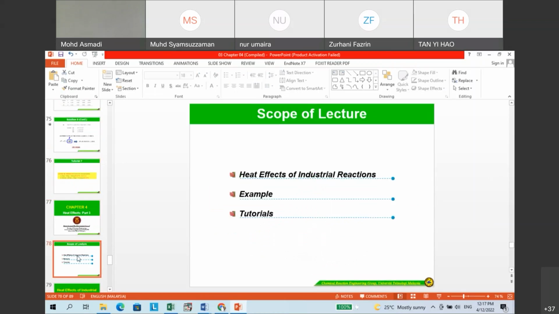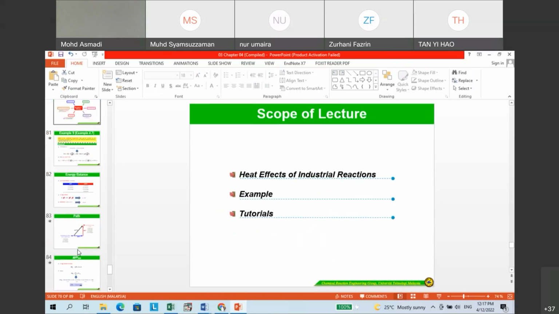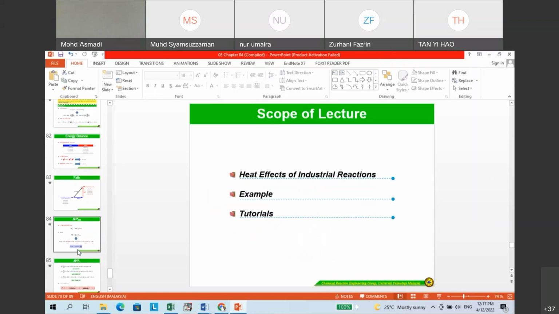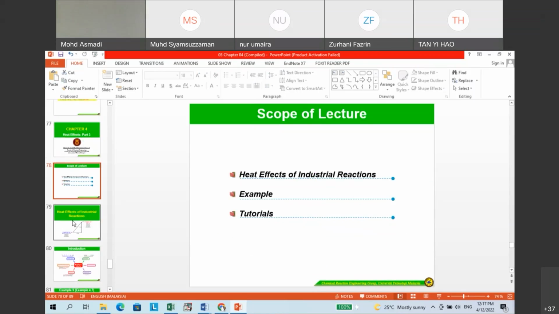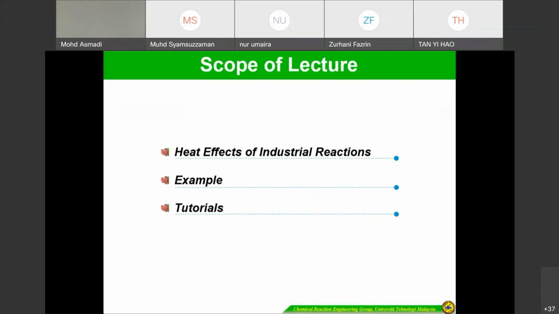Okay, so we continue with a very short part on the heat effect in industrial processes. As I told you, in industrial processes the reaction does not occur at a very low temperature.